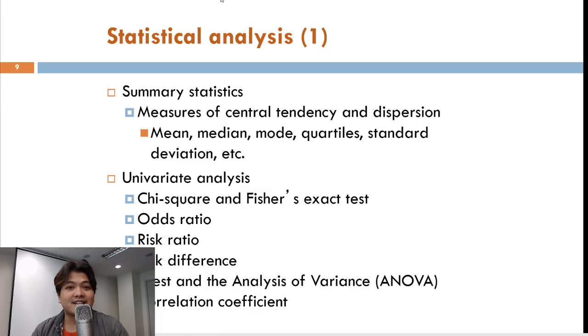Odds ratios, risk ratios, which you would be learning in your Epidemiology 201, as well as risk difference. The most common univariate analyses that may be of knowledge to you are the t-test and the analysis of variance. You can also do that inside Epi Info 7, as well as correlation analysis, both Pearson and Spearman.